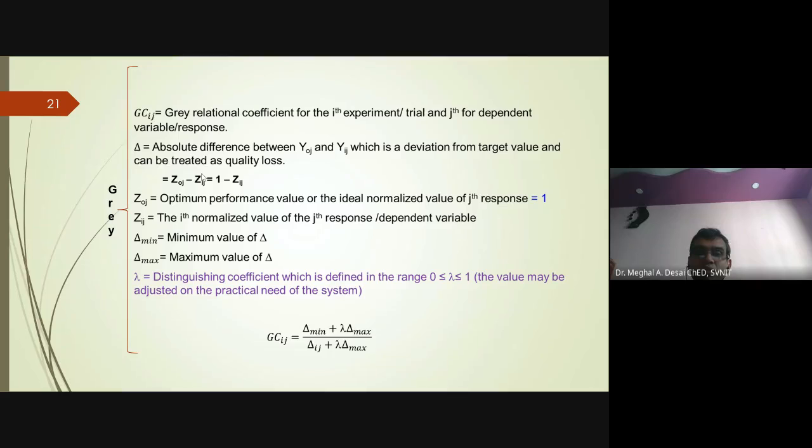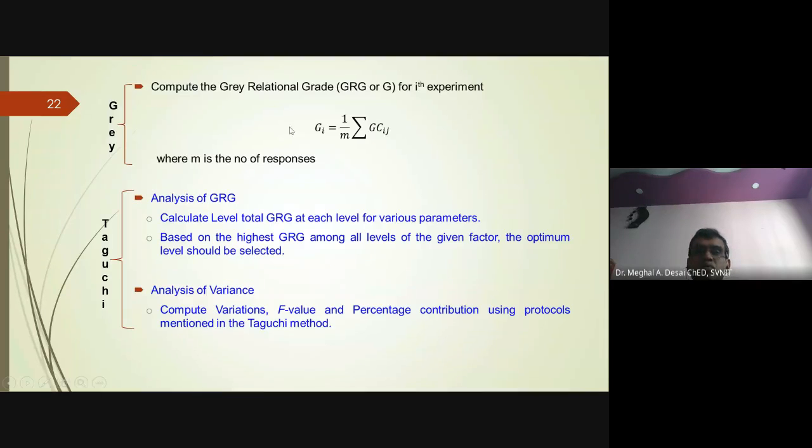Once all these three values are known, that is gray relational coefficient, you will find the average. That means what you have done, you have initially three signal to noise responses. By providing gray relational treatment, you were able to find one value only, that is GRG.